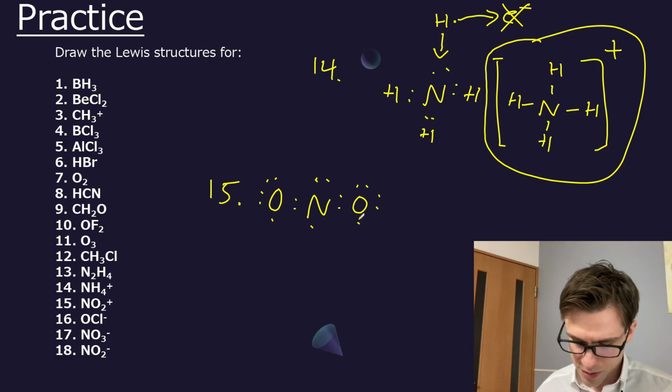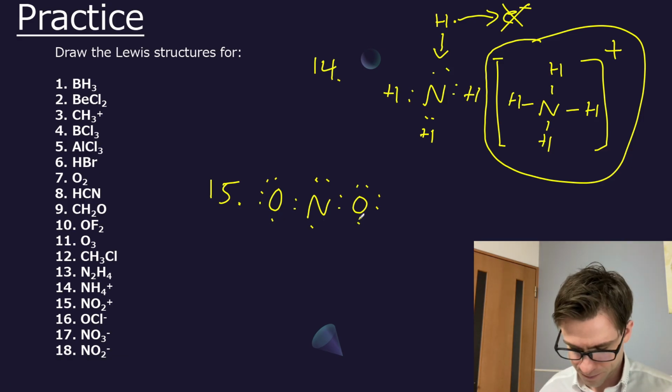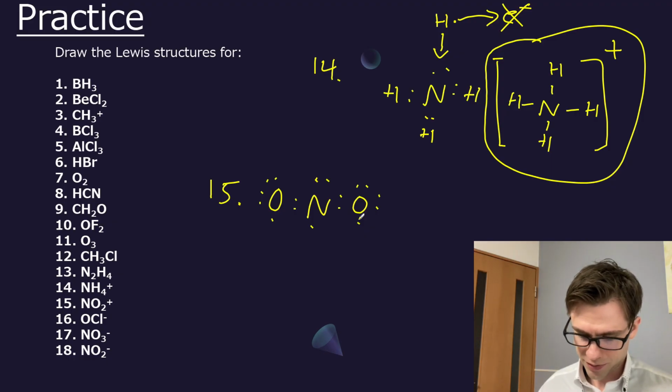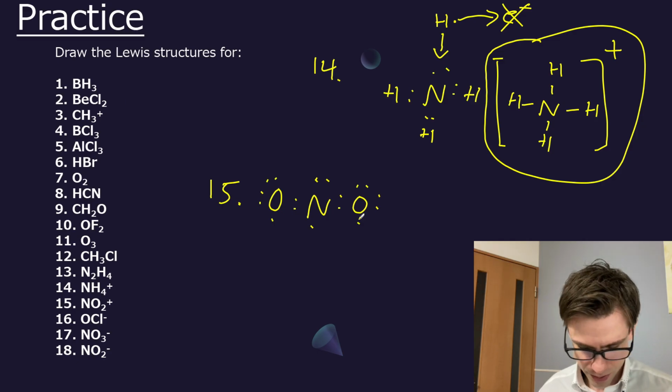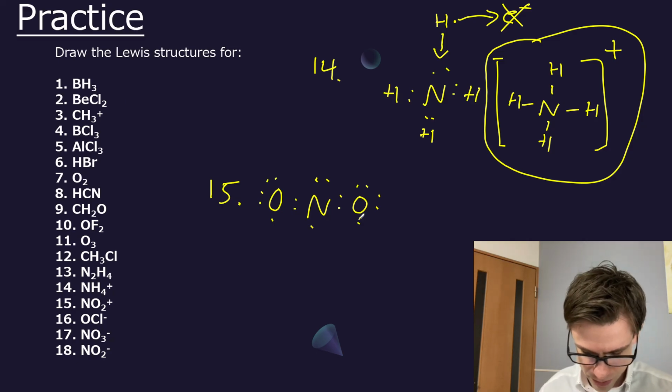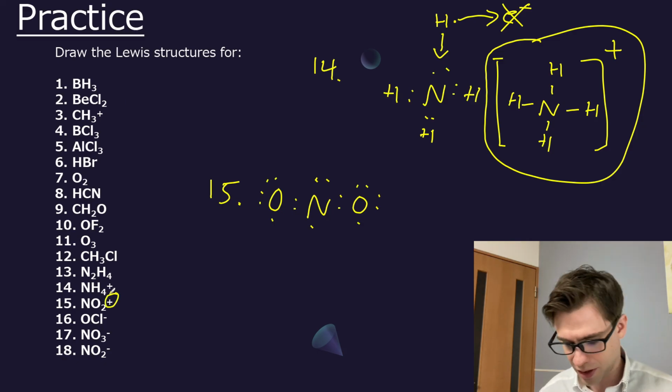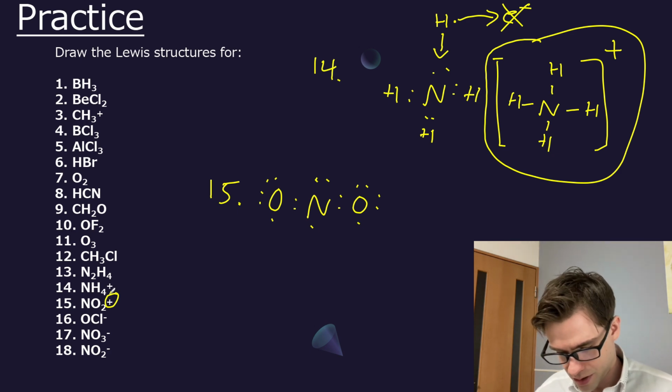So what can be done here? Well, nitrogen is not too happy. It doesn't have an octet. Neither do these oxygens. We also still have a plus charge here. We need to remove an electron somewhere. Where would be the most convenient place to do that?